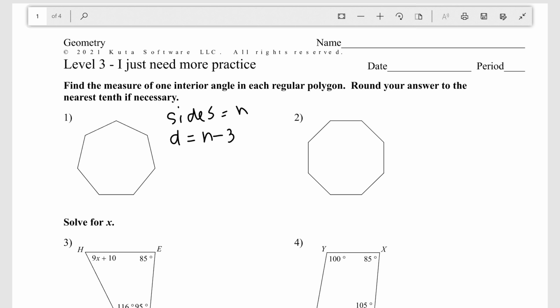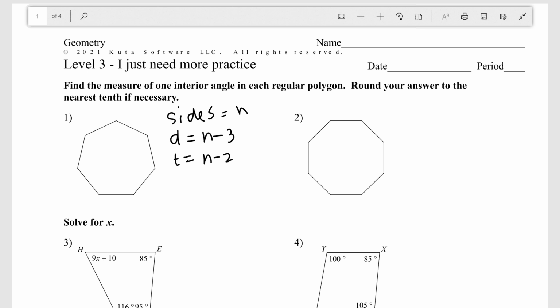We could create 3 fewer diagonals than there are sides on my polygon. From there, I know that the amount of triangles that are created is n minus 2. So the number of sides that a polygon has, if I subtract 2, that's how many triangles will be created by my diagonals.